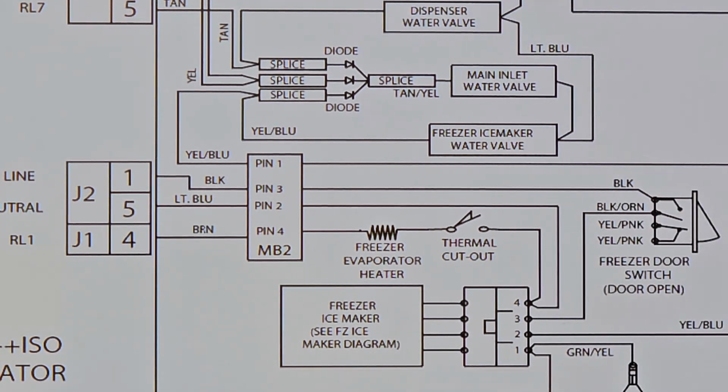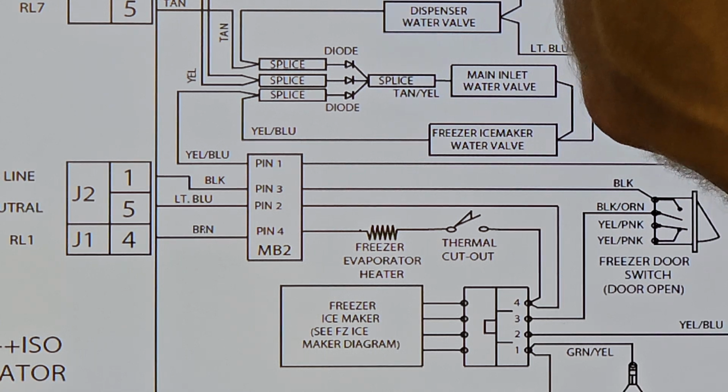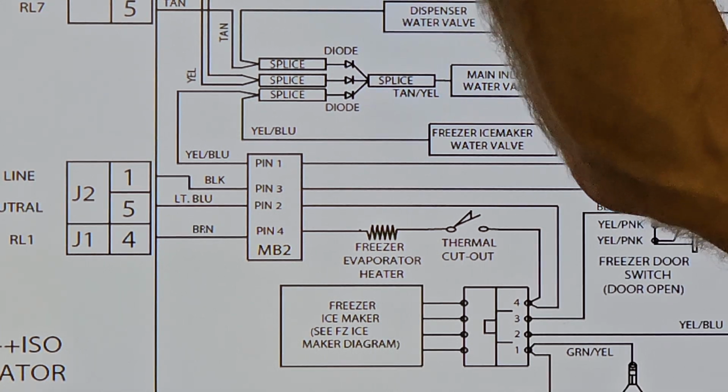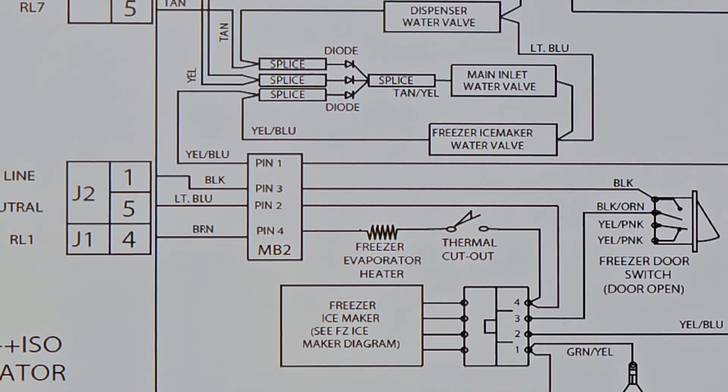So here you go for an ice maker problem. You have ice in the tray, you've dropped the ice, but what you need to know is the temperature of that compartment. Is it cold enough to tell it to drop the ice?